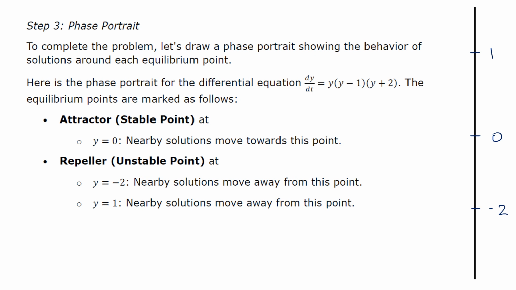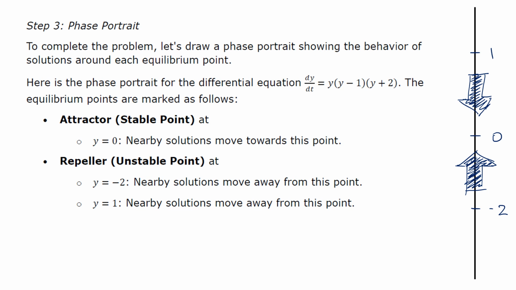So that's my arrow, moving towards 0, making it a stable point.